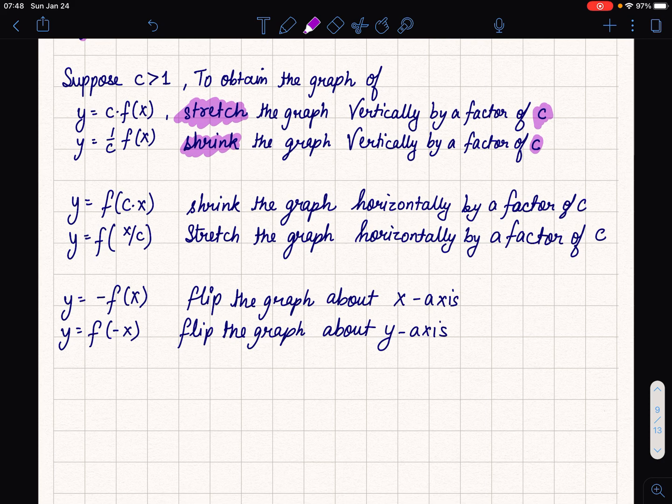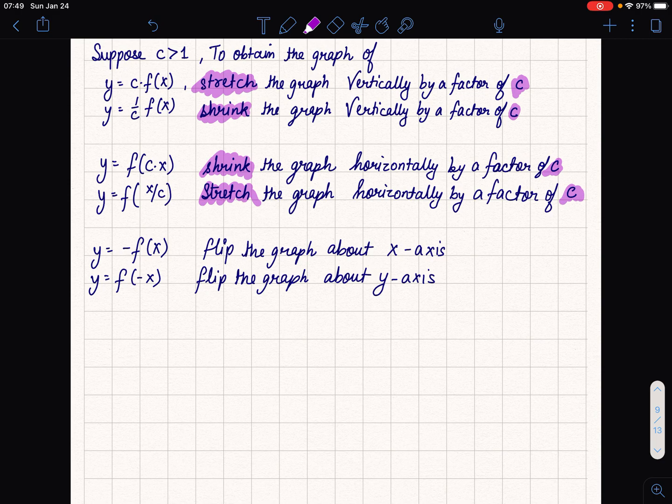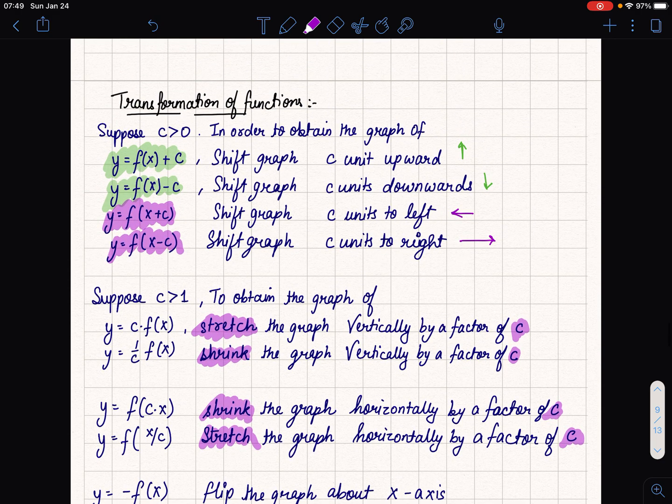Again, for f of c times x, we shrink the graph horizontally by a factor of c, while for f of x by c, we stretch the graph horizontally by a factor of c. Next comes flipping over the x or the y axis. So for negative f of x, we flip the graph about the x axis, while for f of negative x, we flip the graph about the y axis. I'd suggest you go through your homework problems to work on these even more.